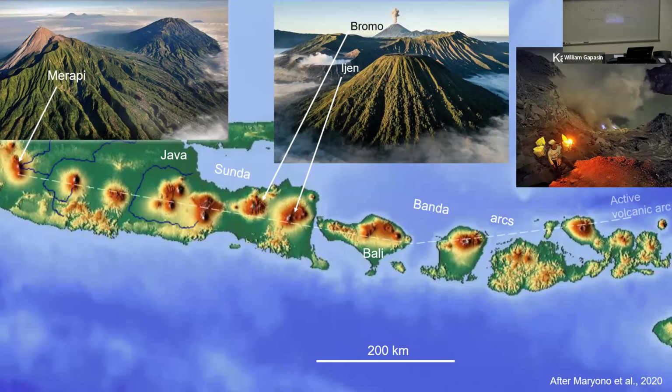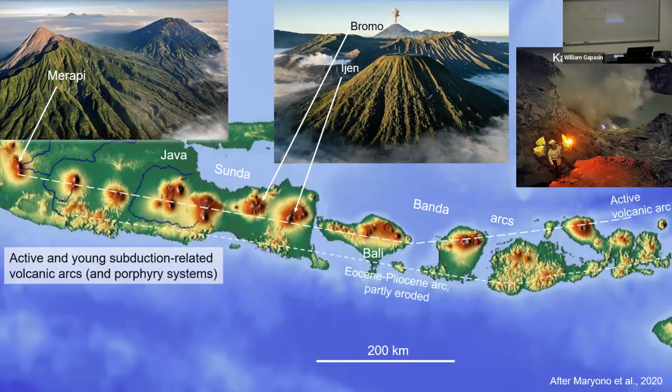That's the active arc. But the Eocene to Pliocene arc was basically to the south, 50 kilometers or so. I'm not up with the present tectonic interpretation, whether it was migration of the subduction zone, but most likely it might be slab flattening that moved the active arc to the north by 50 kilometers.